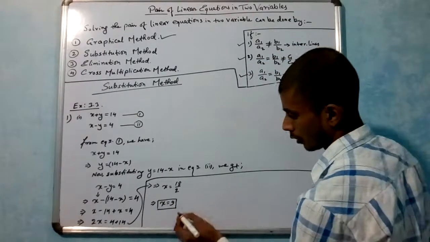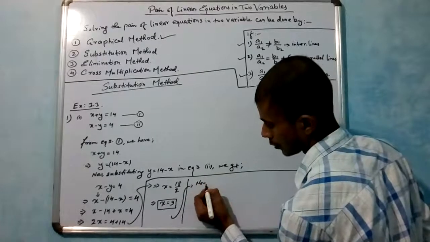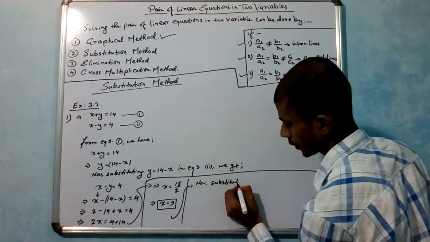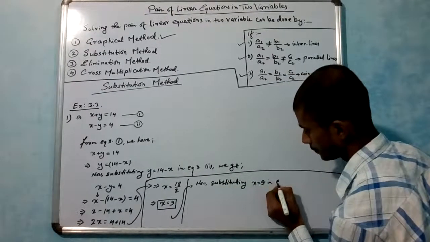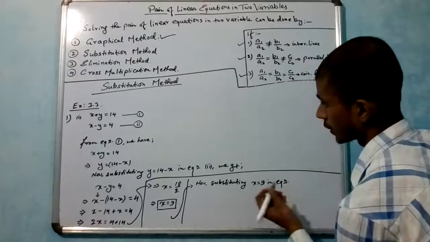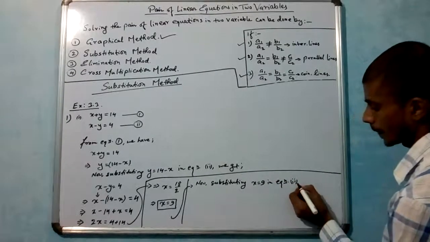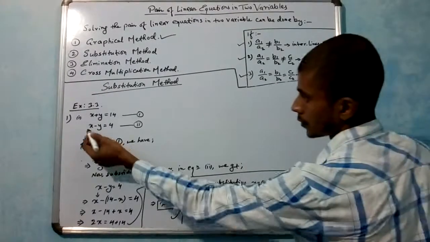Now what I will do? Now substituting x is equal to 9 in equation 1 or 2, anything, whichever is simple. So I will substitute in 2. Okay, we get, let us substitute in this.